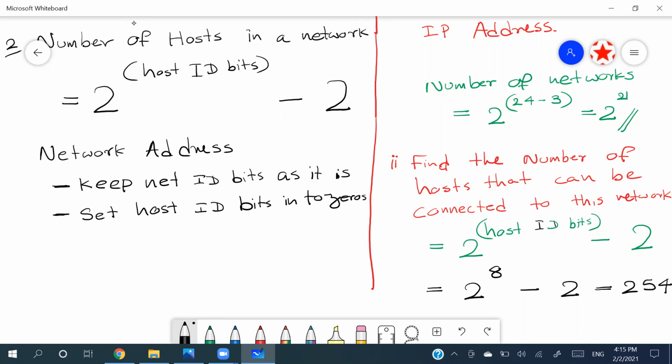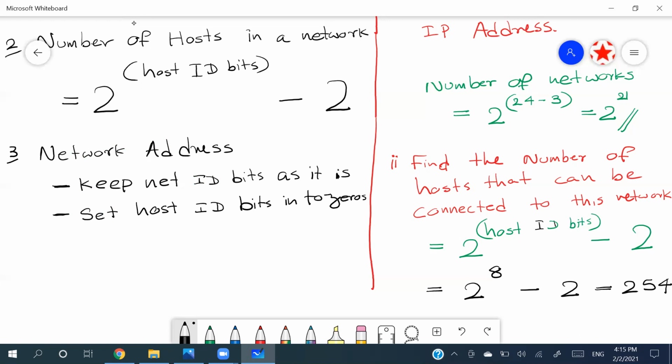So to generate the network address, keep net ID bits as it is, set host ID bits into zeros. Now, the word bits is talking about the bits of an octet.